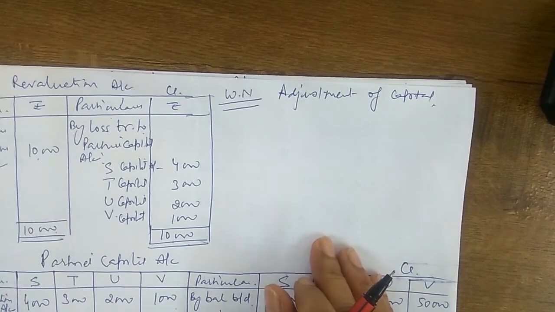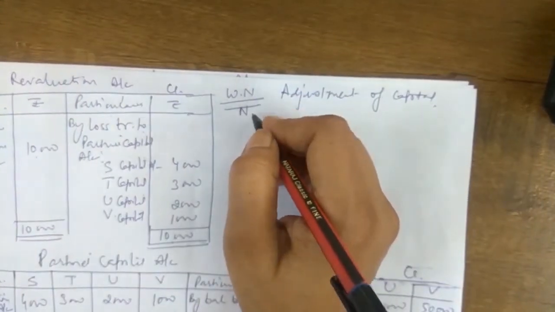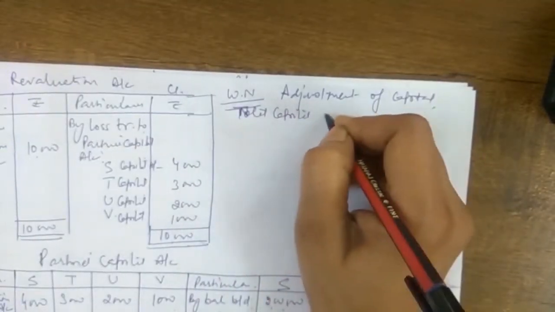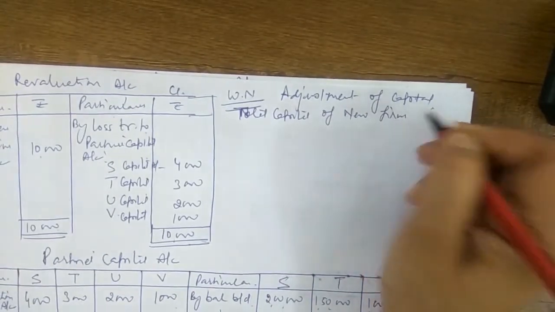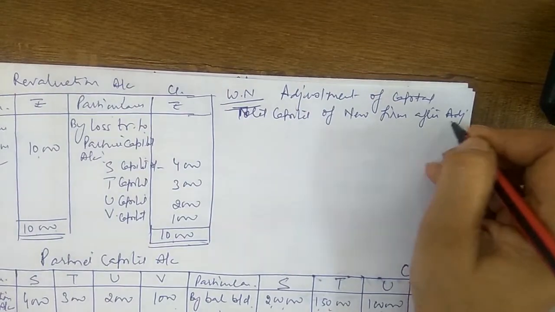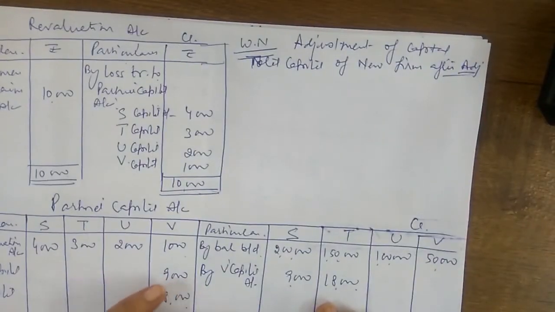Right beta? Adjustment of capital. So we need to check कि what is the total capital of the new firm. Total capital of new firm after adjustment. राइट बेटा, यही चीज़ है ना कि हमने निकालनी है टोटल कैपिटल ऑफ न्यू फर्म आफ्टर एडजस्टमेंट.